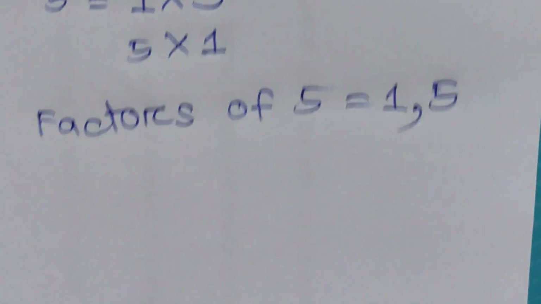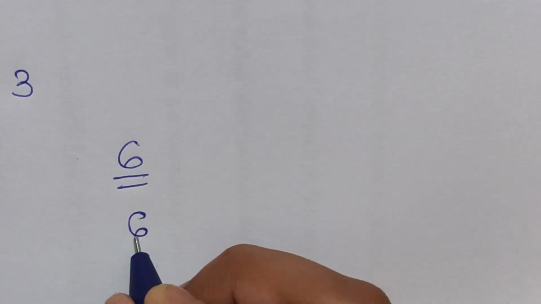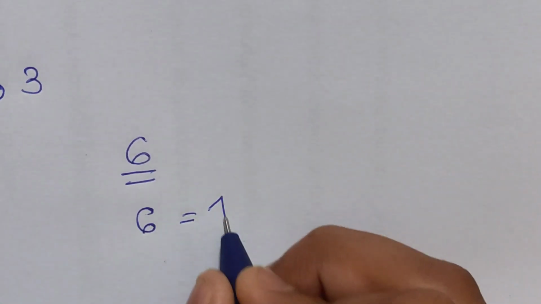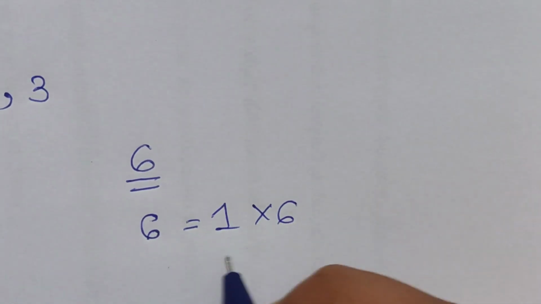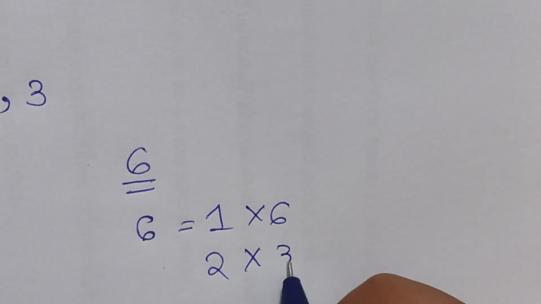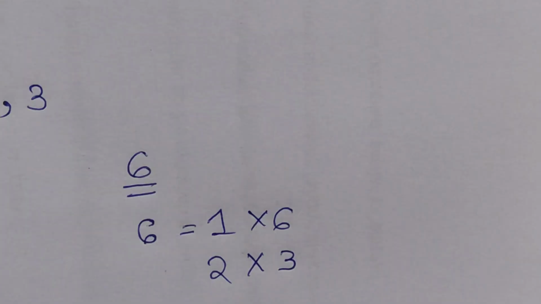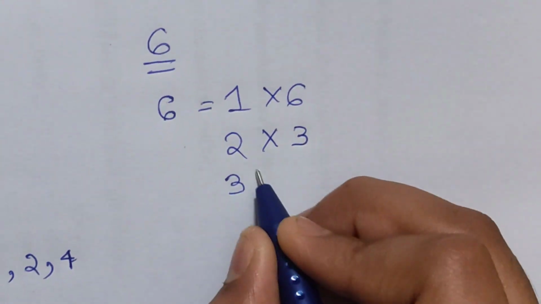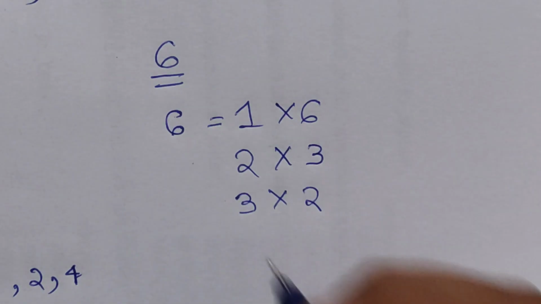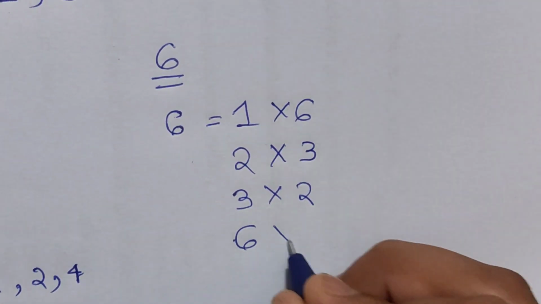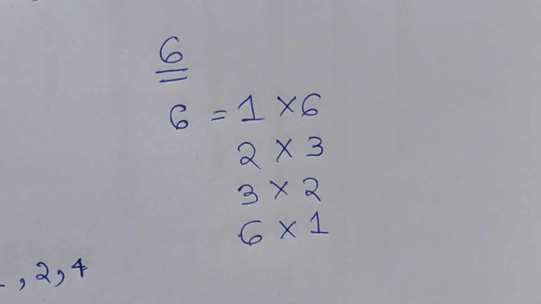Then the number 6. The factors of 6 are 1 into 6, 2 into 3, 3 into 2 and 6 into 1.